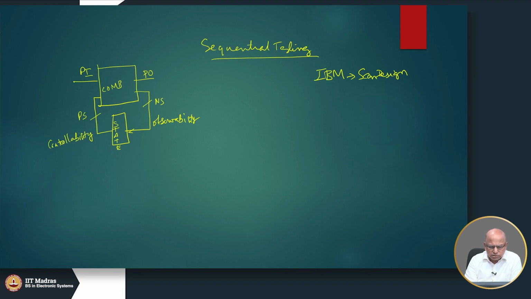So, the idea of this solution is that the state register is a parallel in parallel out register. This is a parallel input and this is a parallel output. But you may be able to redesign it to be a serial in serial out and a parallel in parallel out register.